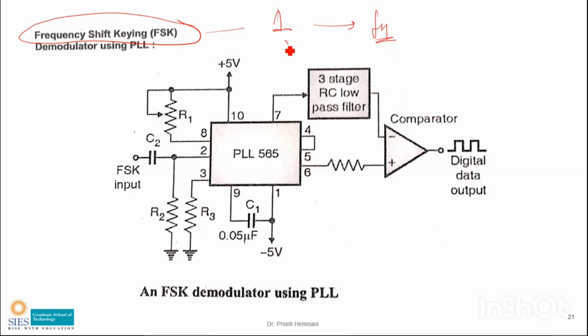And when binary 0 has to be transmitted, the carrier frequency will be shifted to FL, the lower frequency. This is frequency shift keying in very simple language: binary 1 FH, higher frequency, binary 0 FL.